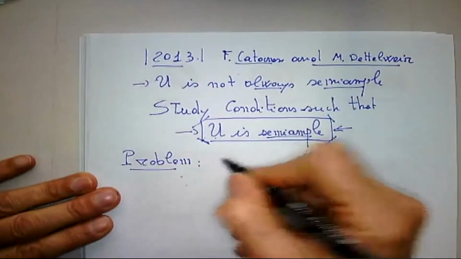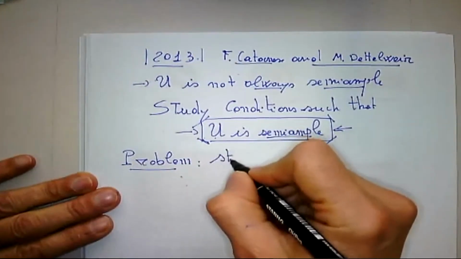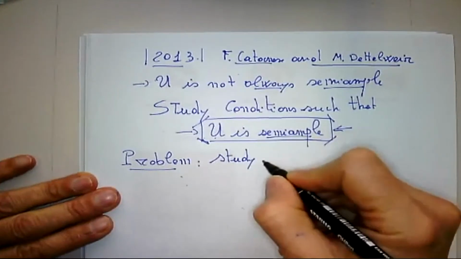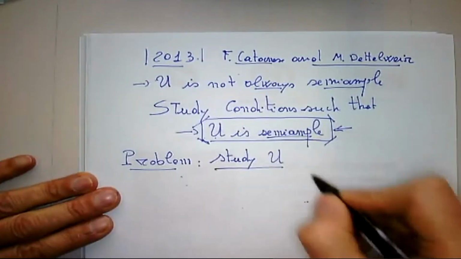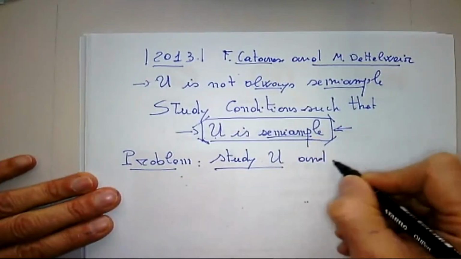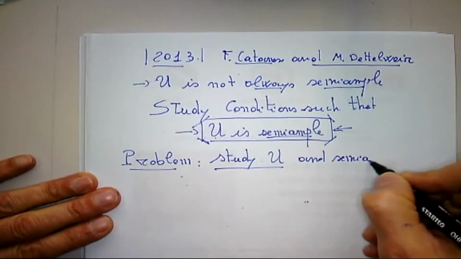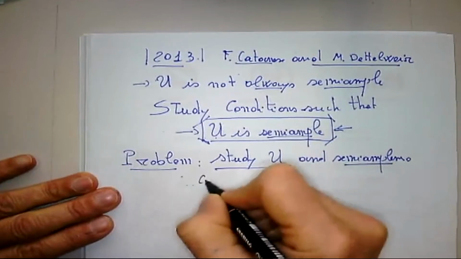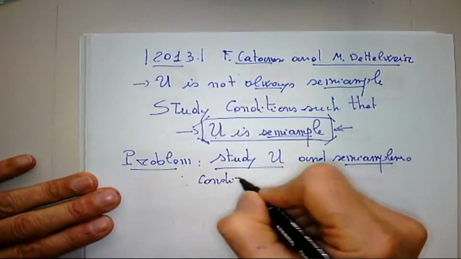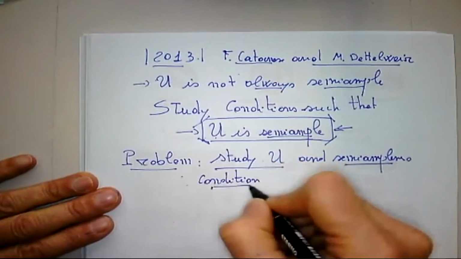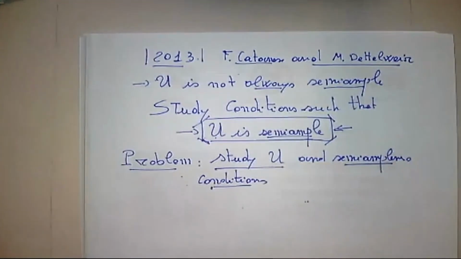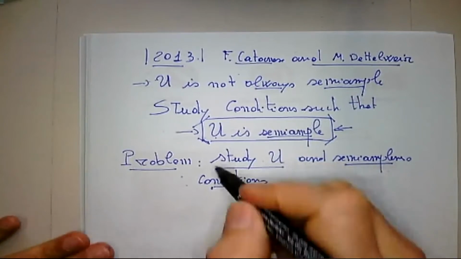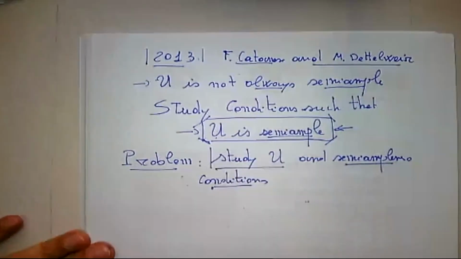Problem: study U and semiampleness conditions, okay? Are you all in touch? The problem should be at least well defined.